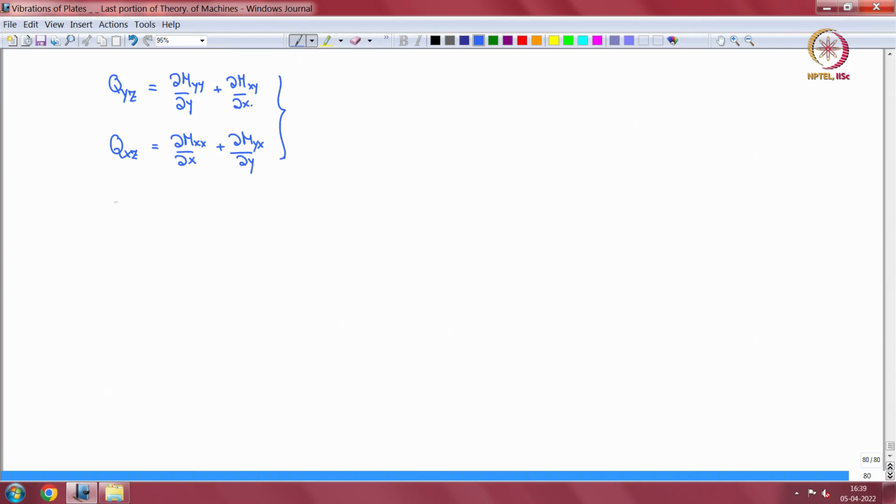Lastly, we balance forces in the vertical direction. So what do we get?